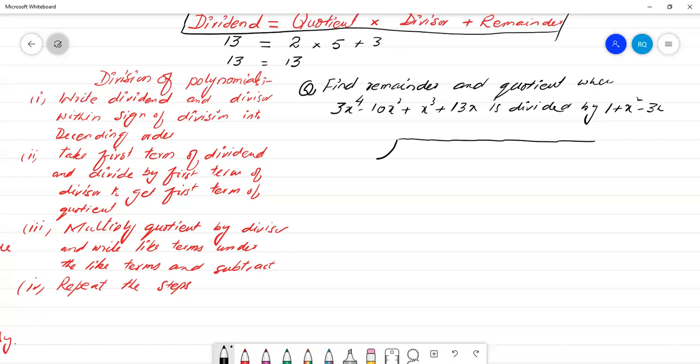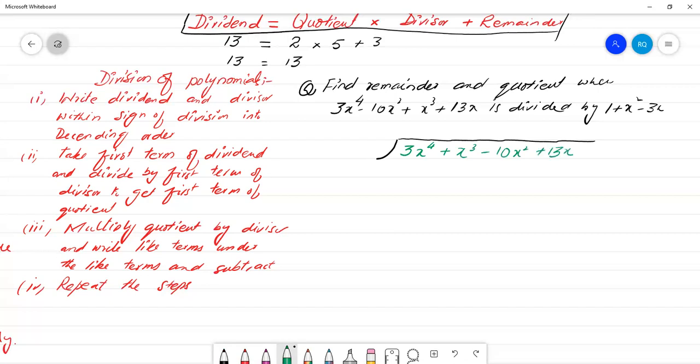This sign is called sign of division. First of all, you have to write the dividend. Dividend means जिसको divide करना है, so that term is called dividend. You have to write in descending order: 3x raised to power 4 plus x cube minus 10x square and plus 13x.